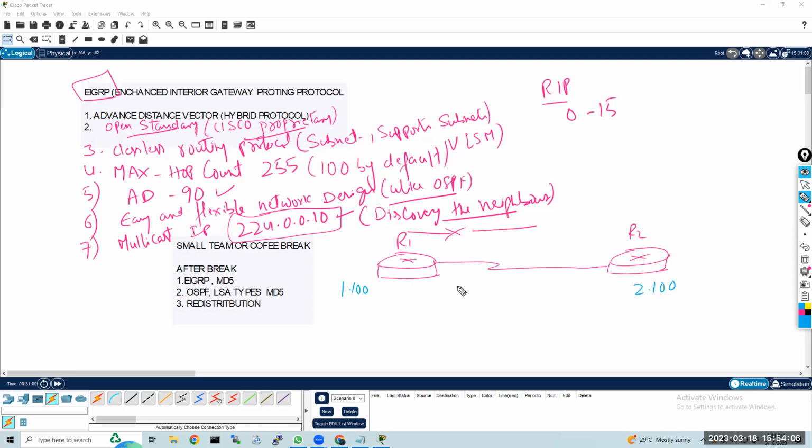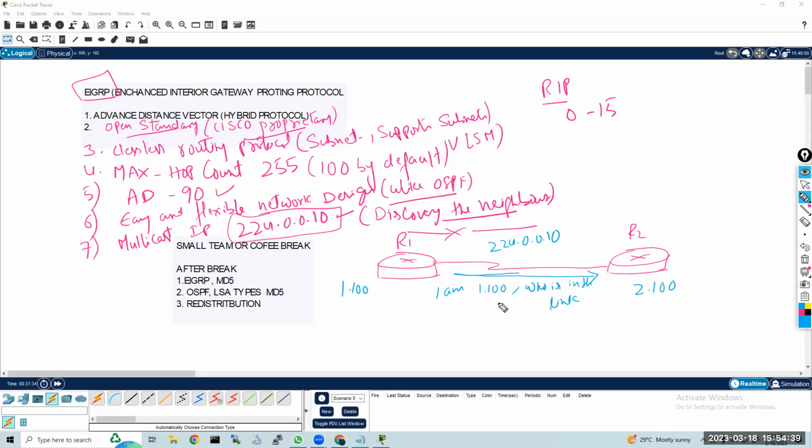R1 will send a message to router 2: I am 1.100, who is on the link? It uses the multicast IP 224.0.0.10.